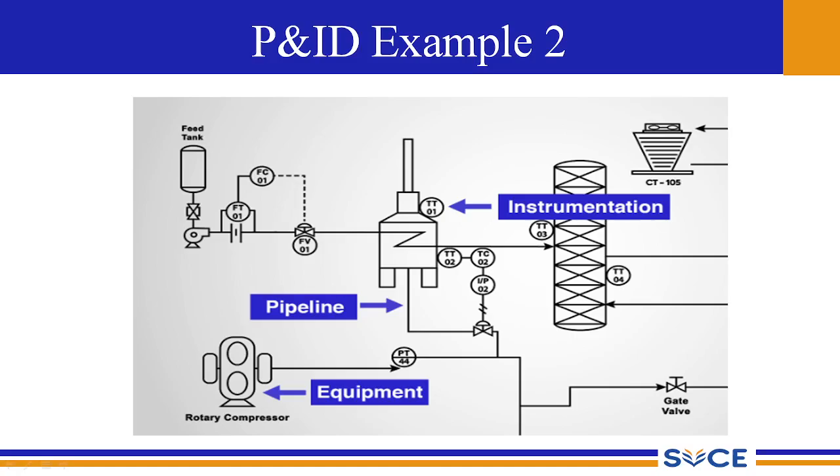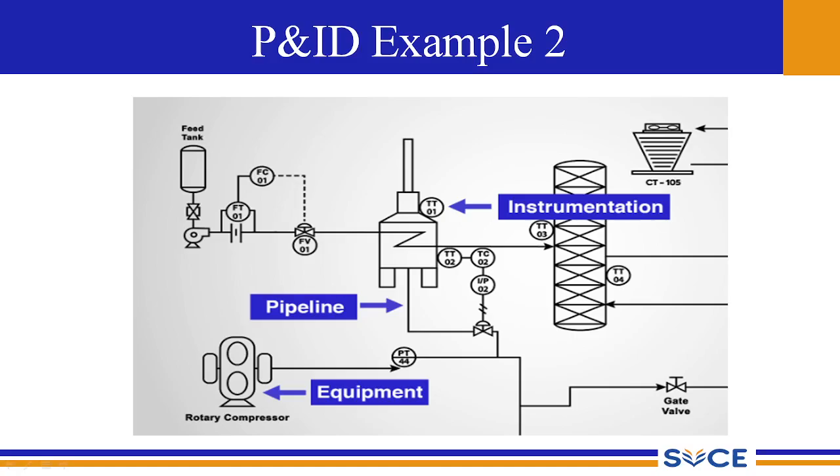And if you look at the instrumentation for this preheater, we have 4 temperature transmitters, that is the TT01, TT02, TT03 and TT04. All these 4 instruments help to transmit the value of temperature when the crude oil is preheated and sent into this distillation column.